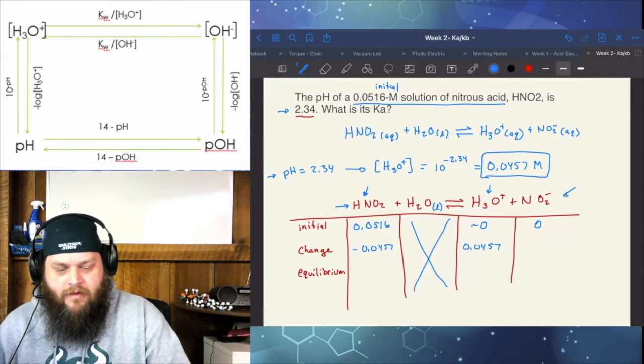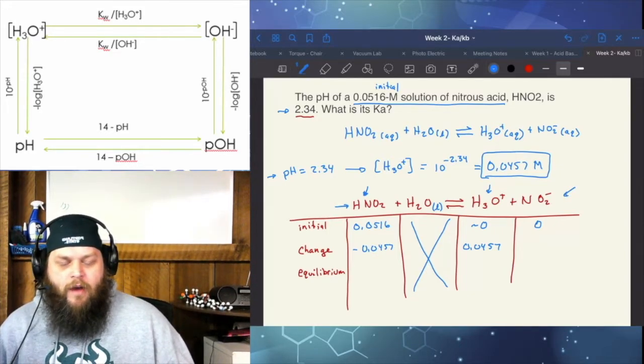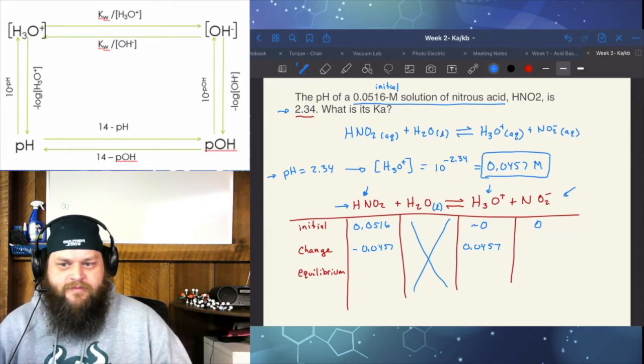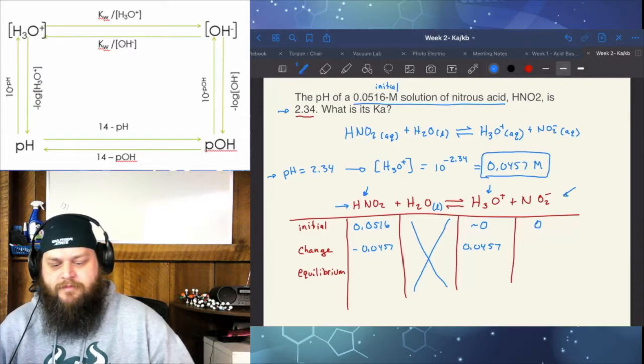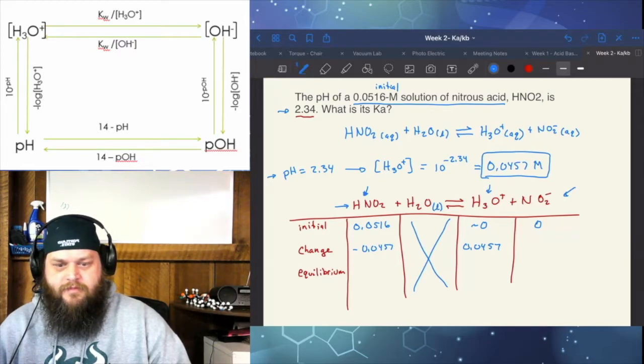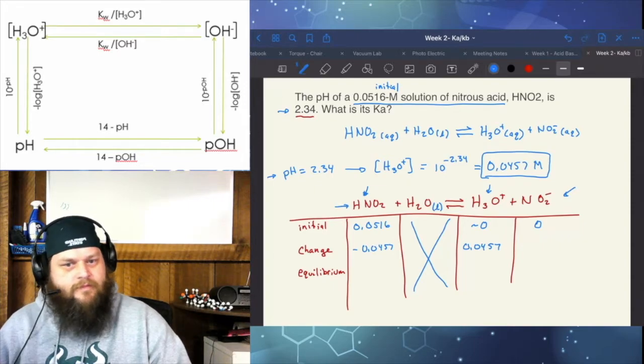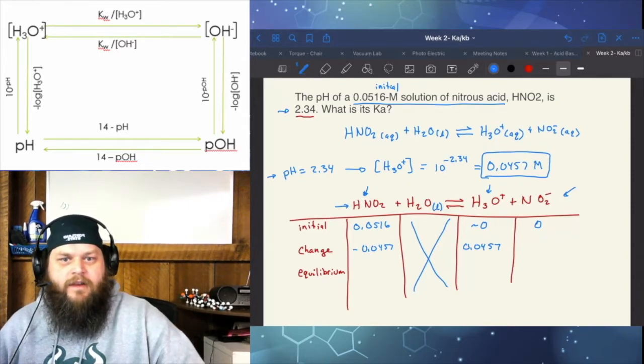Our conjugate base here, NO2 minus, what's the change in that concentration? Any ideas?